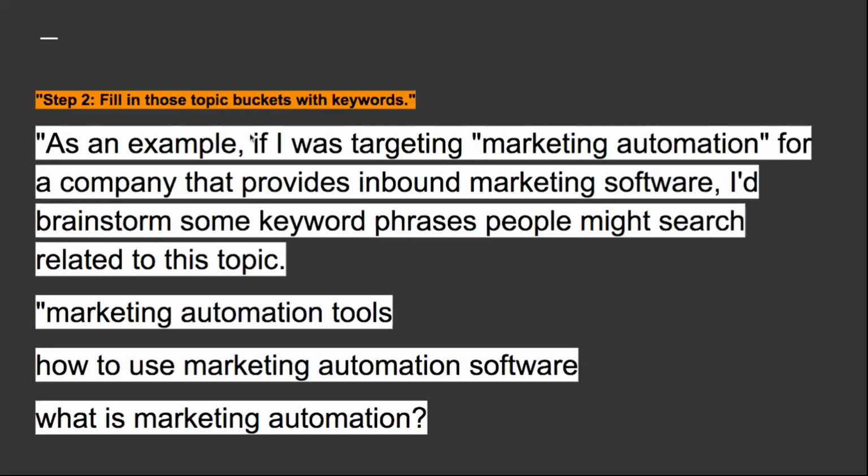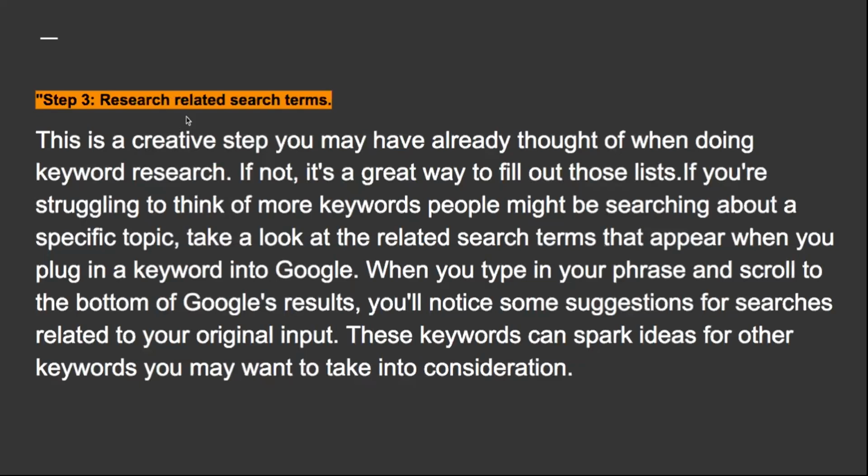Then step 3, research related keyword search terms. This is a creative step you may have already thought of when doing keyword research. If not, it is a great way to fill out those lists. If you are struggling to think of more keywords people might be searching about a specific topic, take a look at related keyword search terms that appear when you plug a keyword into Google.